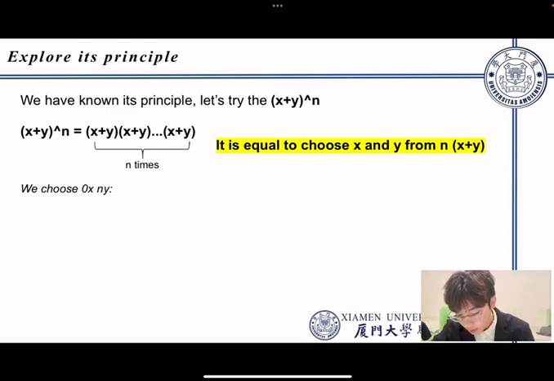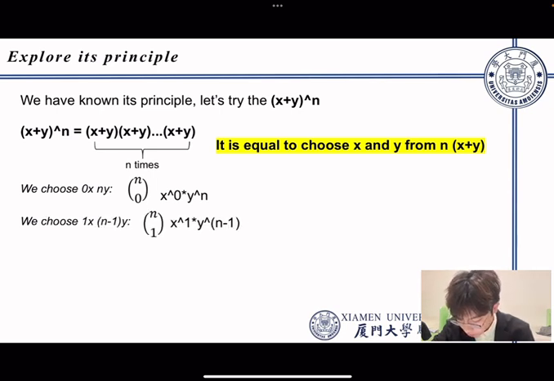Firstly, we can choose 0x, and it is equal to n choose 0 times x to the 0 power times y to the n power. Then we choose 1x, (n minus 1) y. It is equal to n choose 1 times x times y to the (n minus 1) power.